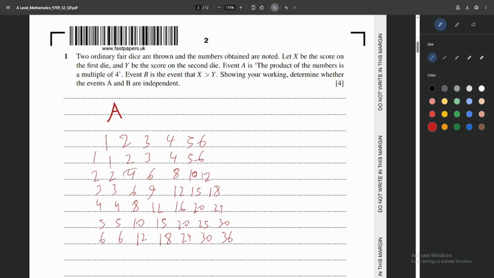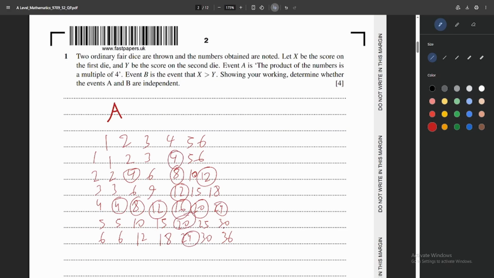So we have 4, 8, 12. So over here 12 and 8 here. All of them are multiples of 4 in this row, since 4 is a factor. Same for this column.